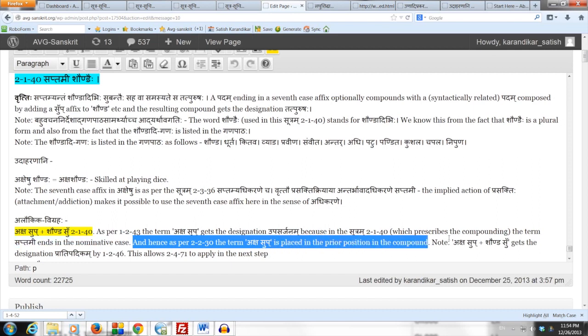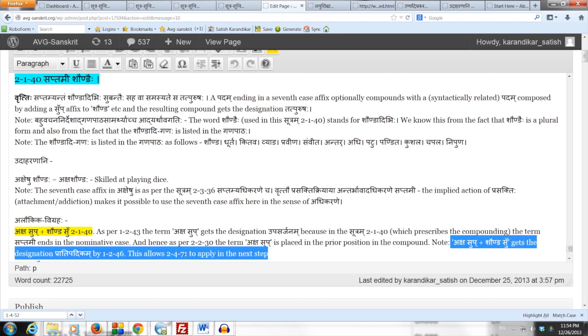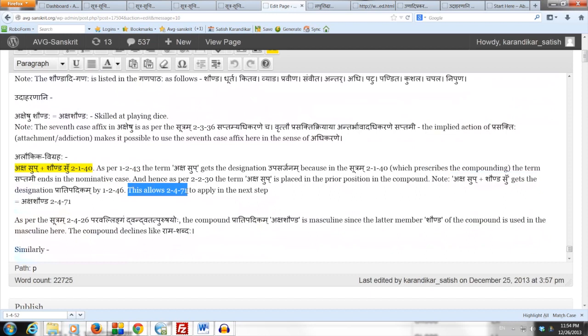Now aksha sup shaund su gets the designation pratipadikam by the Sutram 1246 krit dita samasascha because we have formed a samasaha. And we then apply 2471 supodhatu pratipadikayoho to remove the sup affixes sup and su which are inside the compound pratipadikam. So we get the final form of the compound pratipadikam aksha shaund.